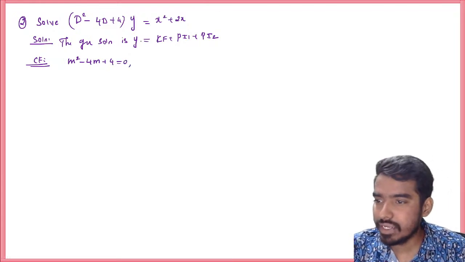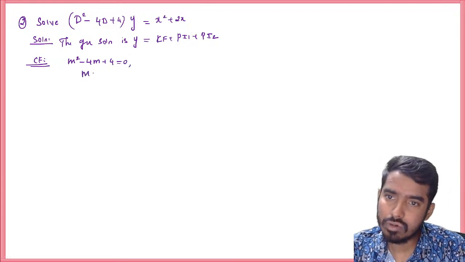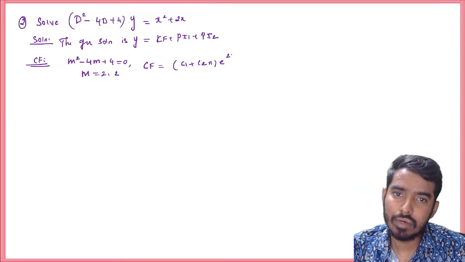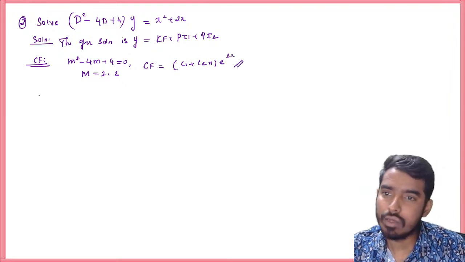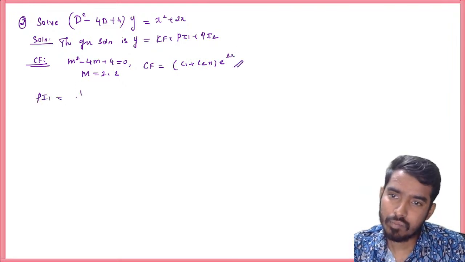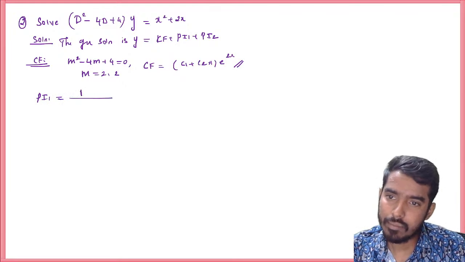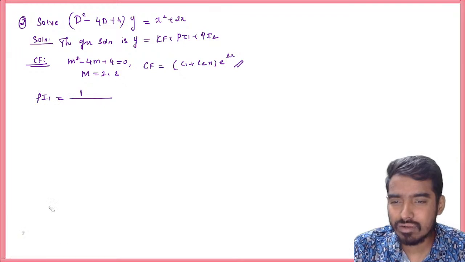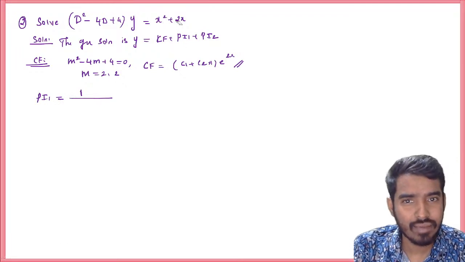So you find the roots here, you will get equal roots. So you have CF to be equal to (c1 plus c2 x) e power 2x, right? Now you find PI1. So PI1 is 1 divided by, or else you can also choose. If you want, you can also write PI1, PI2.